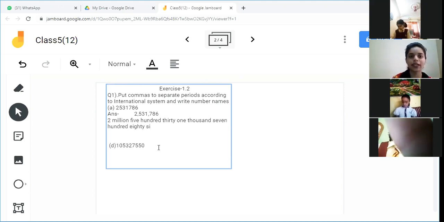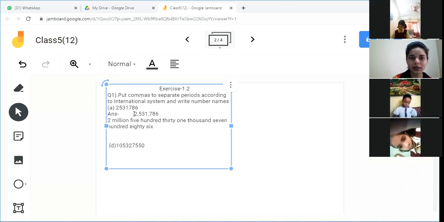So in this way we can read numbers according to their places. Since 2 is in the million place, it is 2 million. Then 531 is in the 1,000 place, so 531,786. So according to their periods, we are reading the number.